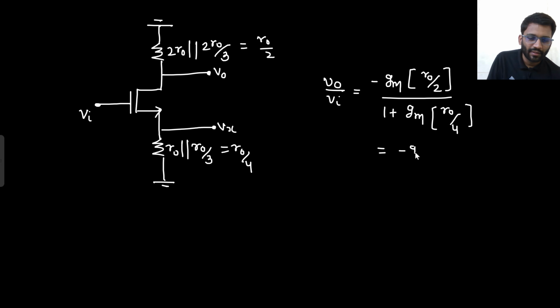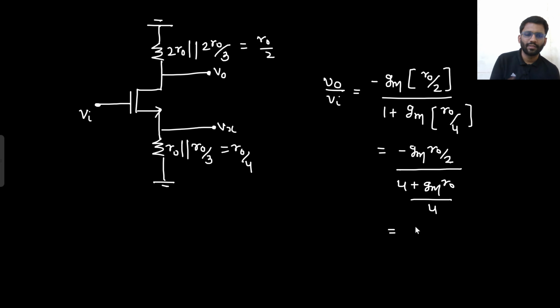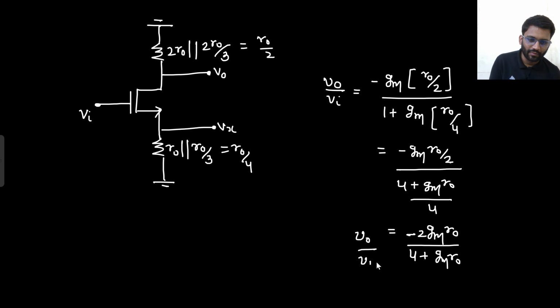That would be minus Gm R naught by 2 divided by 1 plus Gm R naught by 4. That would be minus 2 Gm R naught upon 4 plus Gm R naught. This will be your V naught by V in.